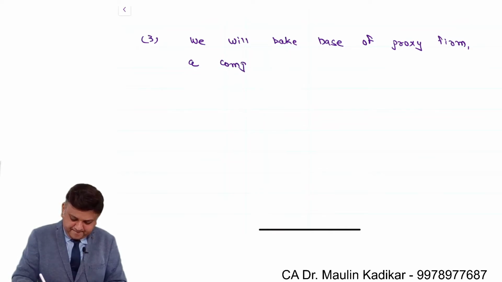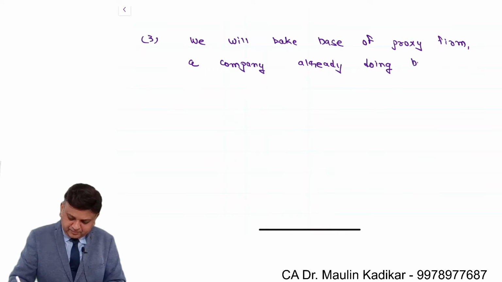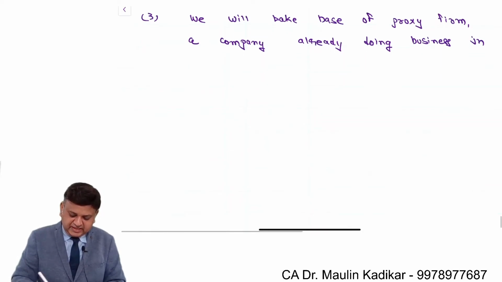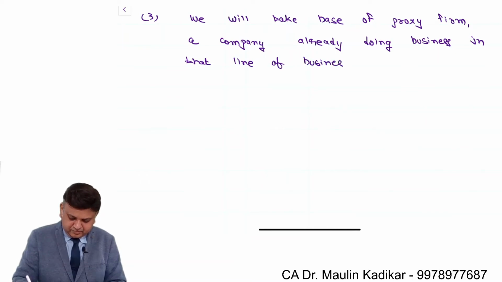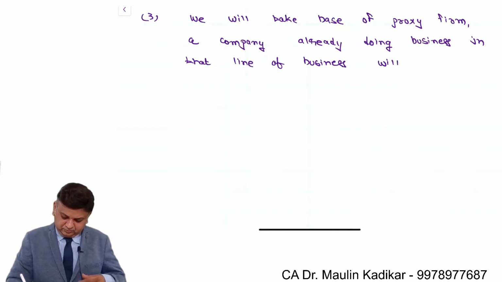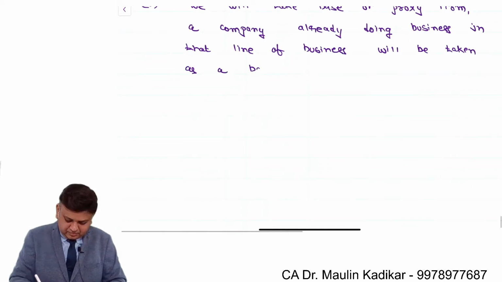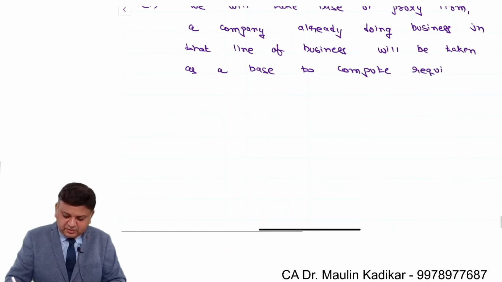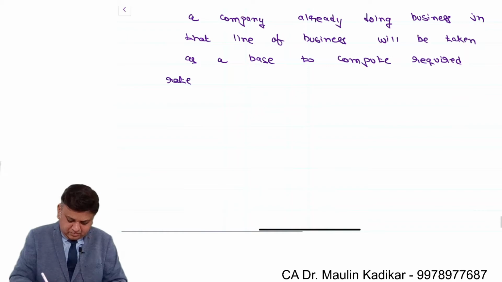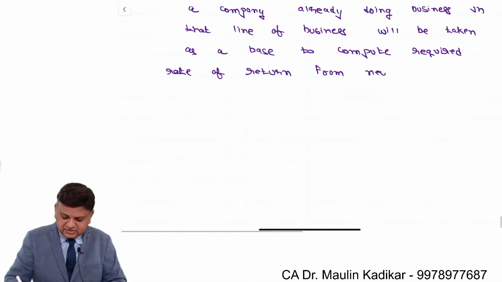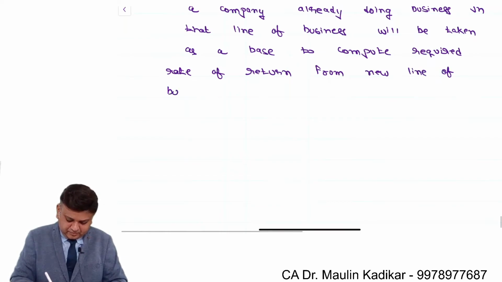A company already doing business in that line of business will be taken as a base to compute the required rate of return from the new line of business. Full stop.